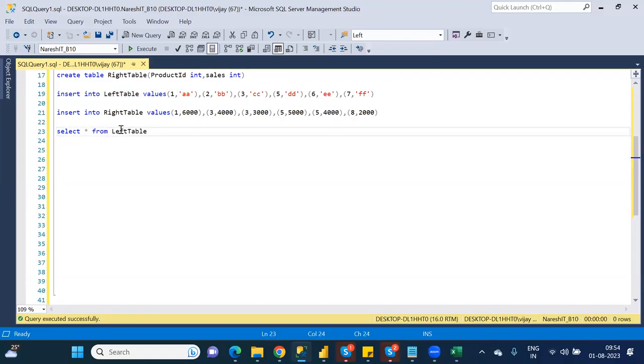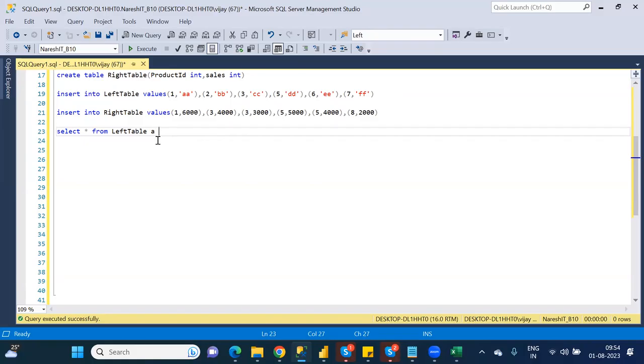For the table name, you can give an alias name also. Alias means alternative. So instead of calling the complete name, we can pass the alias name as a single character like this. And whenever we need the left table, we can call it by the name A all the time. Understand or not? Okay. Alias name.